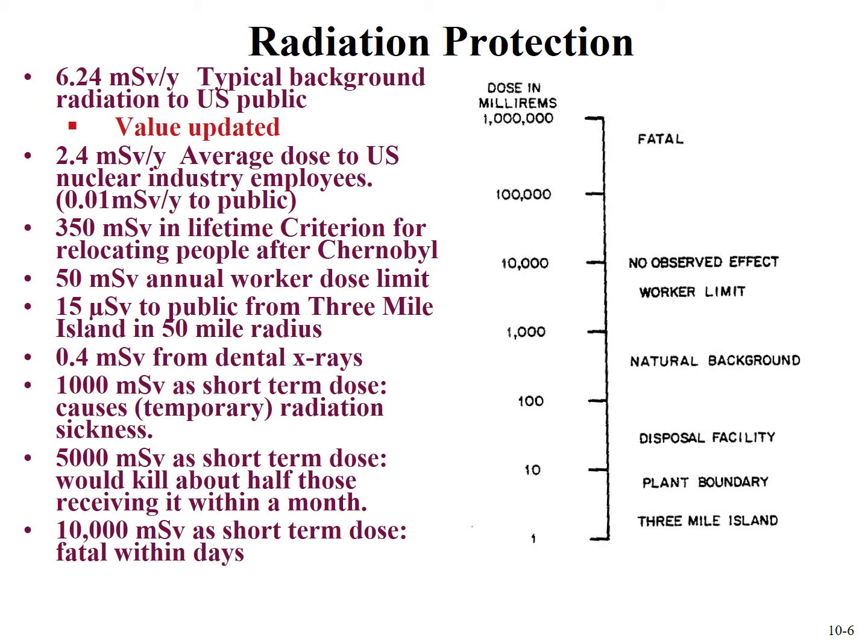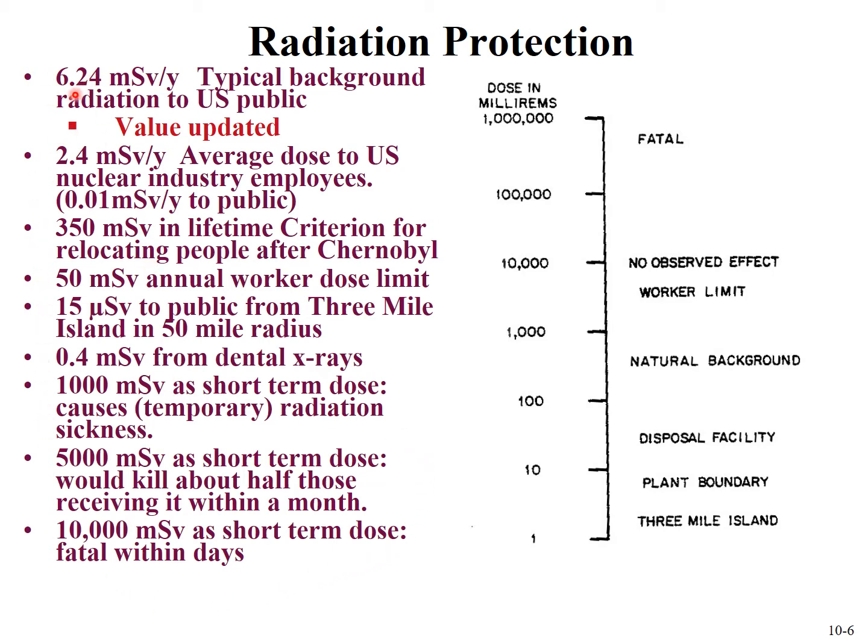Right. Here's some data on some typical radiation levels. Typical background radiation, this is an updated value, is around 6.24 millisieverts per year for the typical US public. That would be 624 millirem per year. And then here's some other data for consideration.